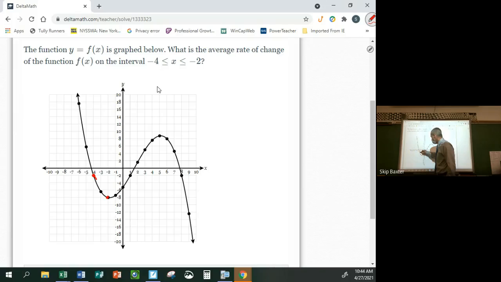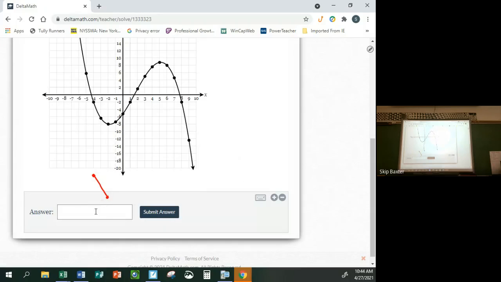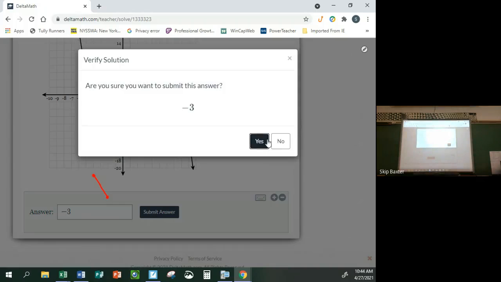So you just want to know, what's the slope of that line? Well, the change in y would be -6, and the change in x would be +2. So this would be -3, slope of -3. So down here, you just go -3, give the answer, and that's it.